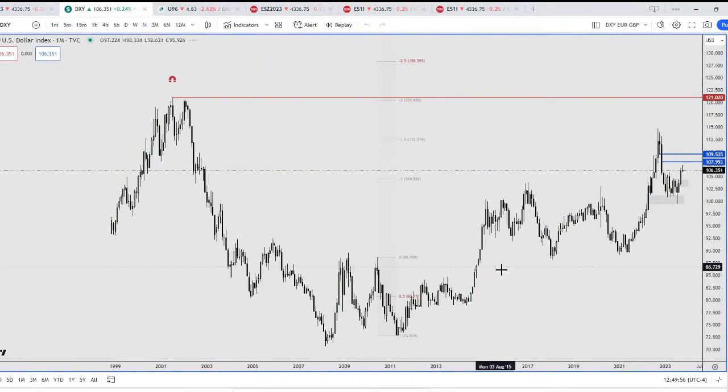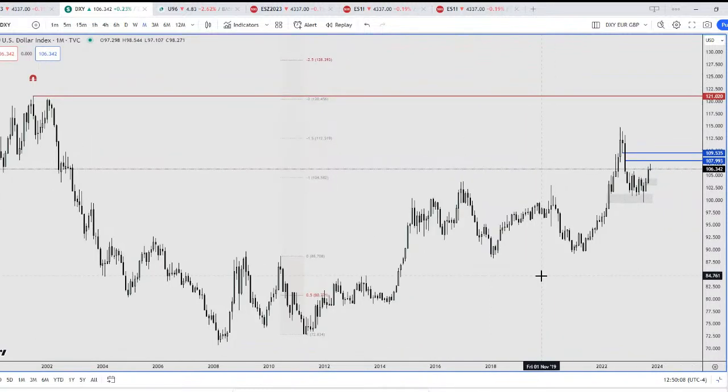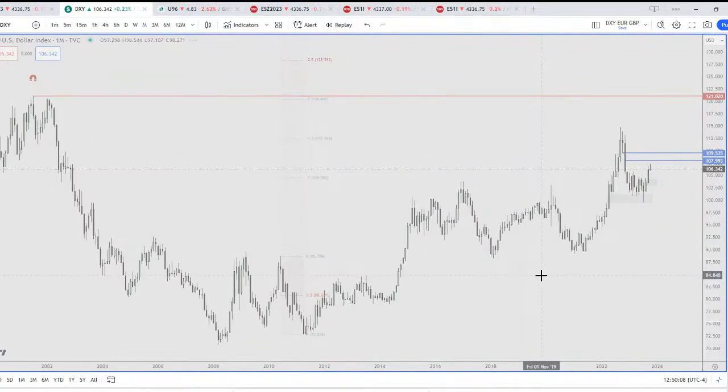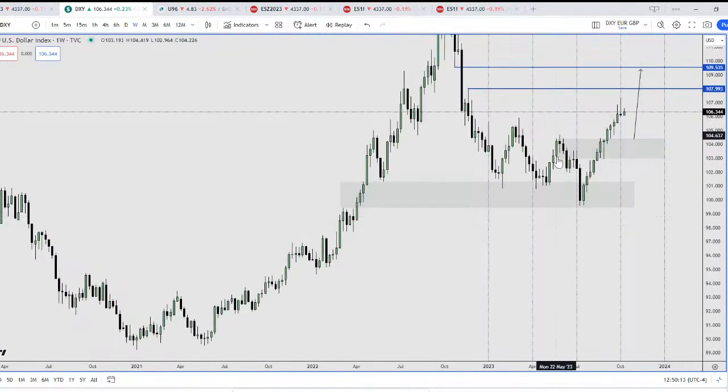Right, so let's go through the DXY. Right, so higher time frames, I'm still looking for this 121, right? But because right here we have formed a breaker, so it's very reasonable for the DXY to retrace before continuing higher.